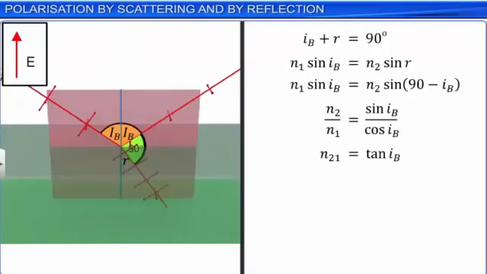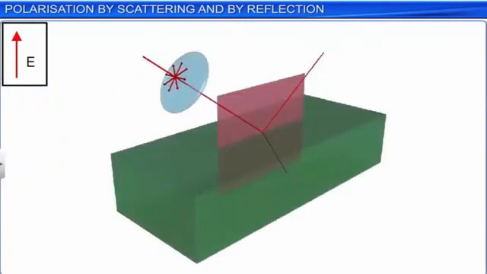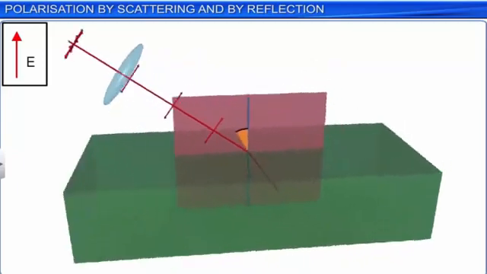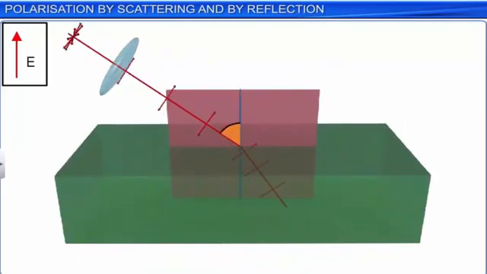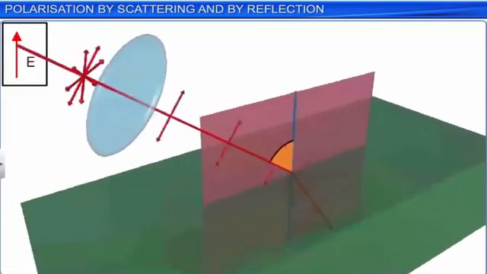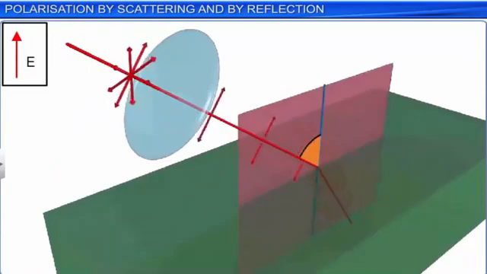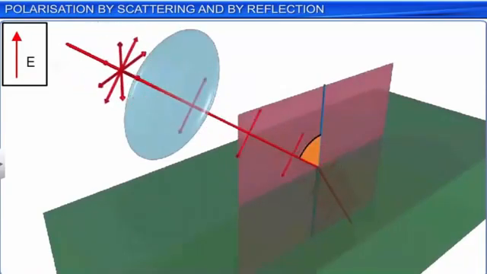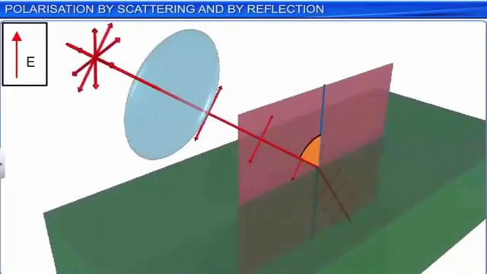If the polarizing angle is IB, then the angle of reflection is also equal to IB. Let R be the angle of refraction. From the figure, IB plus 90 degrees plus R is equal to 180 degrees. Simplifying, we get IB plus R is equal to 90 degrees. Let N1 be the refractive index of the first medium and N2 be the refractive index of the second medium.